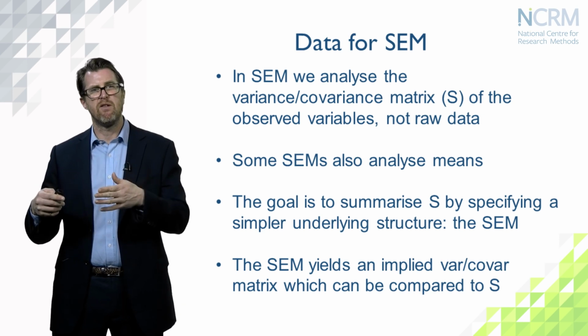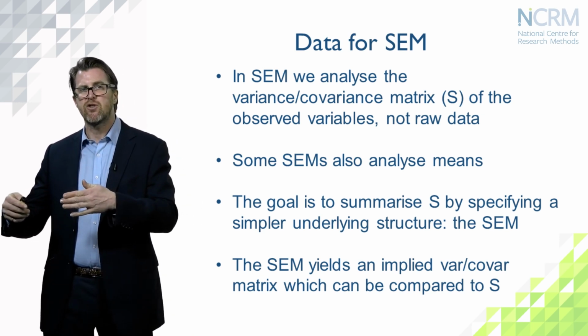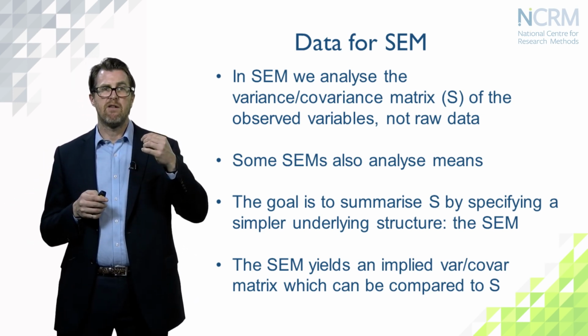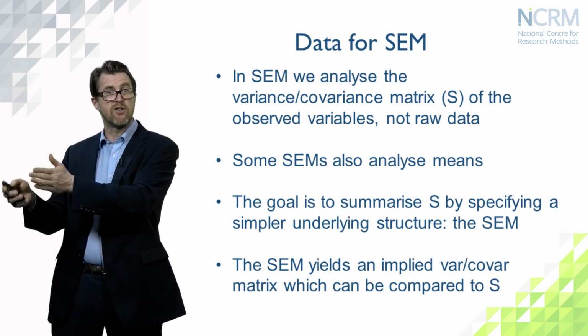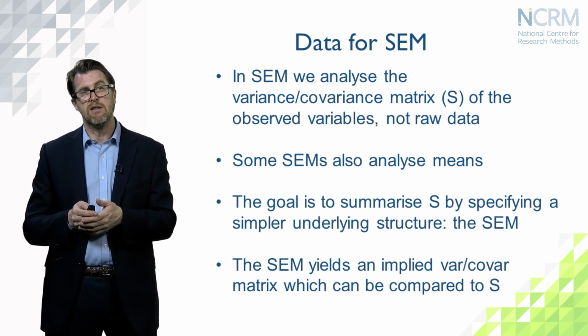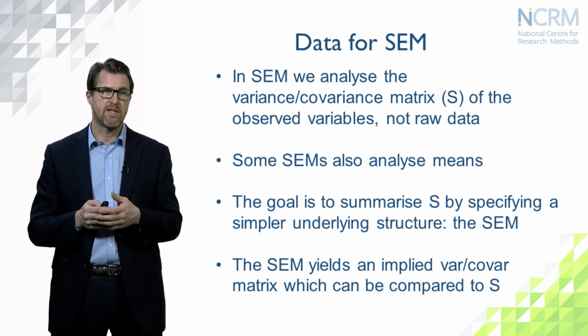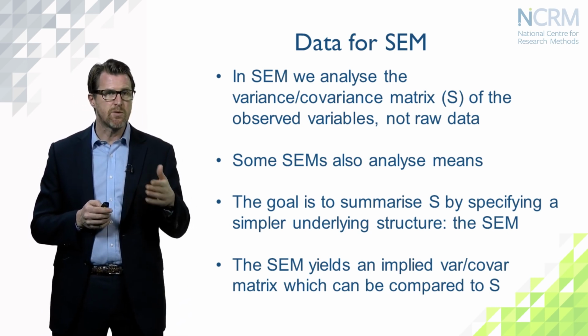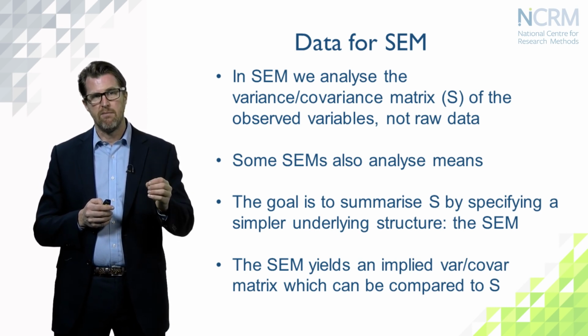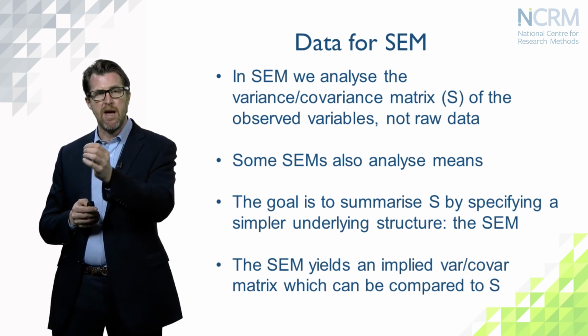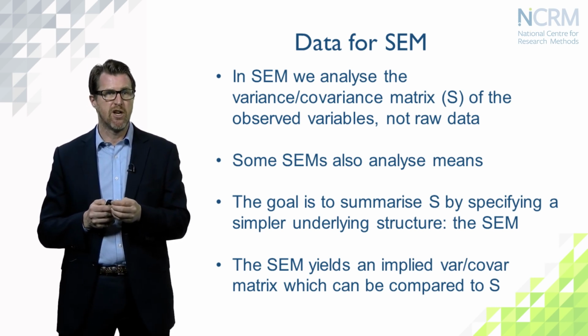What I mean there is that if our model is true, then the variance-covariance matrix that we observe should look like this. It should have these numbers in each of the cells. And again, as we'll see later, this implied matrix can be compared to the one that we've actually observed.